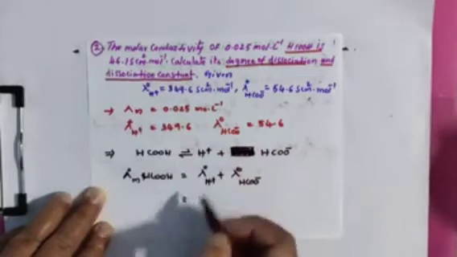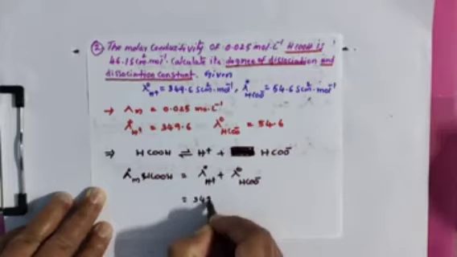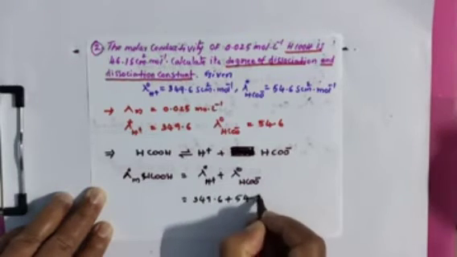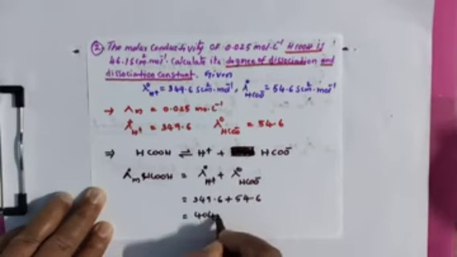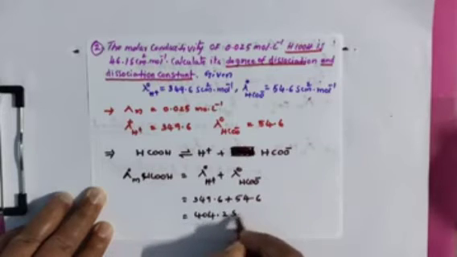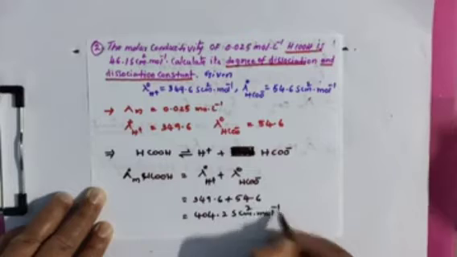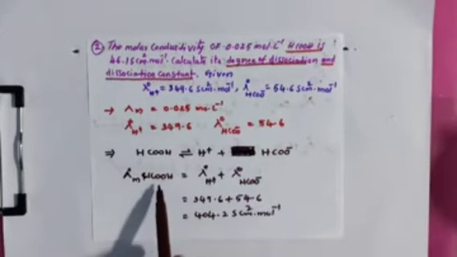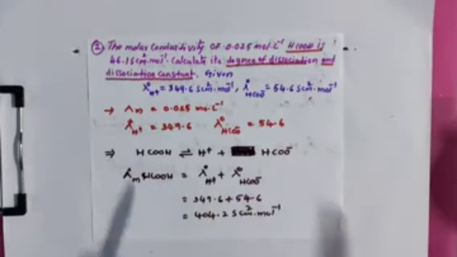Substitute the values given: 349.6 plus 54.6. Nothing but how much you are getting? 404.2 S cm² mole inverse. So what we calculated? The molar conductance at infinite dilution of formic acid we calculated.